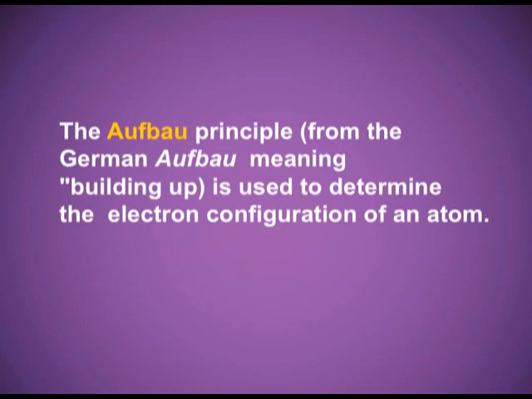The Aufbau principle. Aufbau means the building up. According to this principle, if we have the orbitals of various energies and they are vacant, then the orbital with the lower energy will be filled first. That is, the Aufbau principle states that the orbitals are filled in the order of increasing energy.